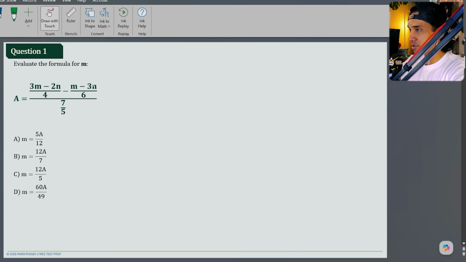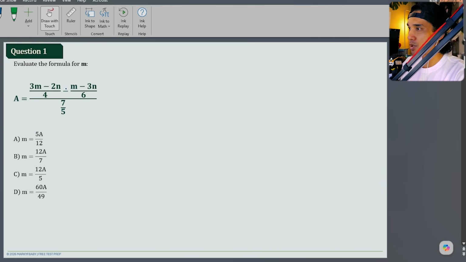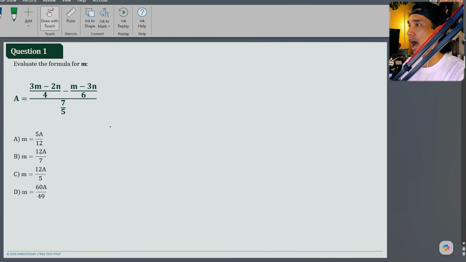There is nothing to fear. Do not be afraid. You know why? Because you know what to do, right? You know the fundamentals. The first thing I would do is find a common denominator for this right here. The top is what I would work with first.